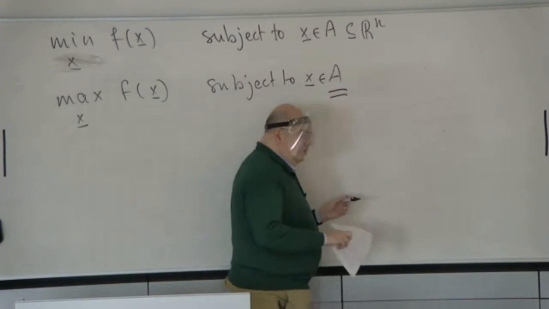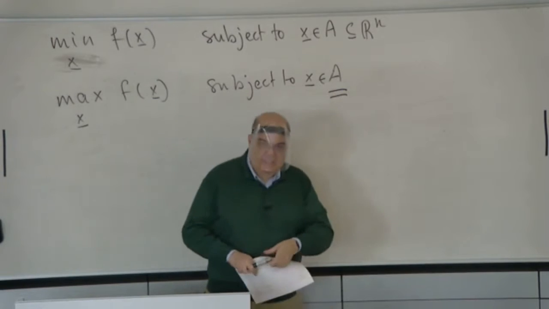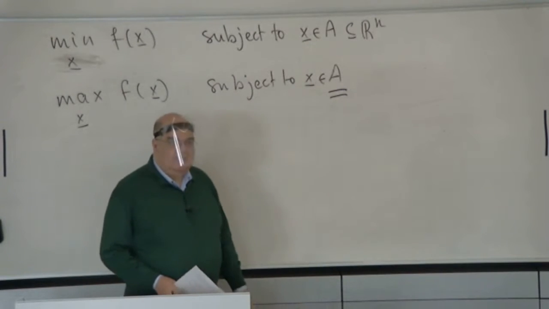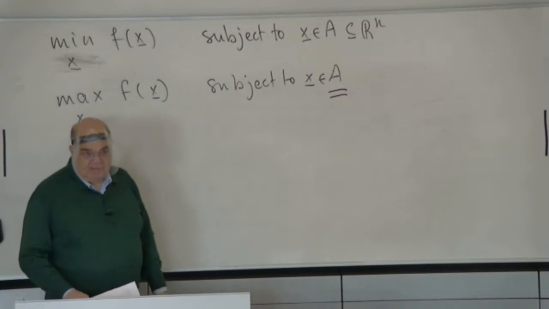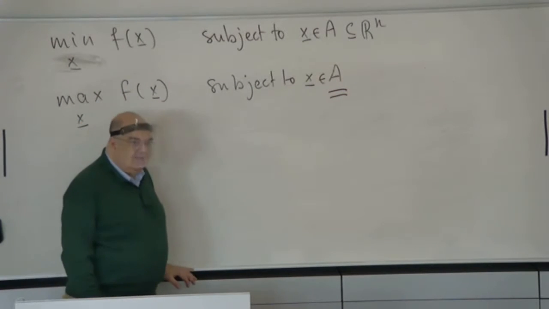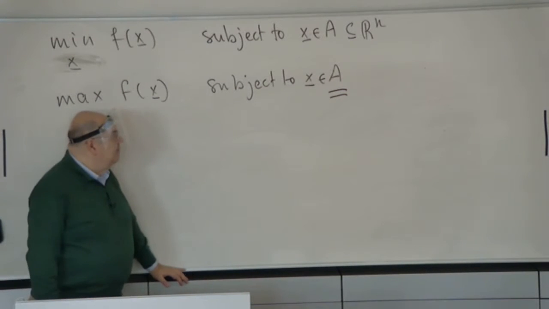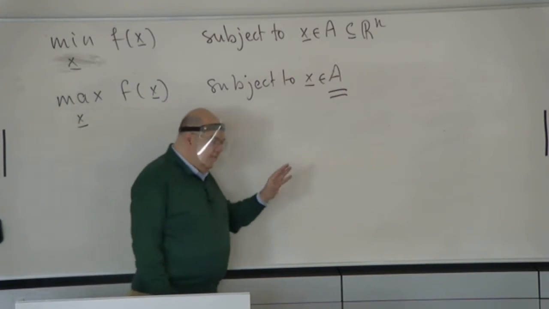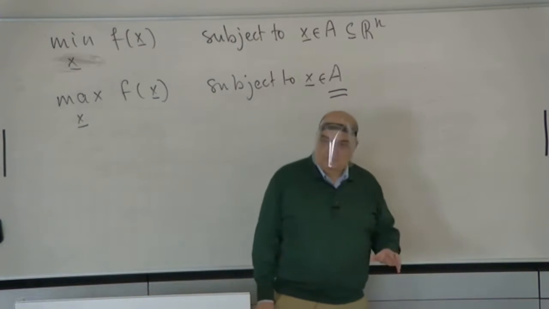Now I'm introducing you to the jargon, which is what you see online and in the books and articles about these things. The problem written in this way is what is called a constrained optimization problem.